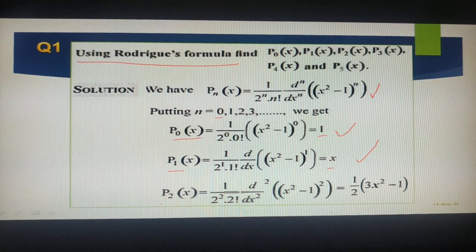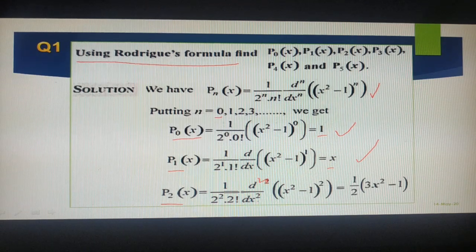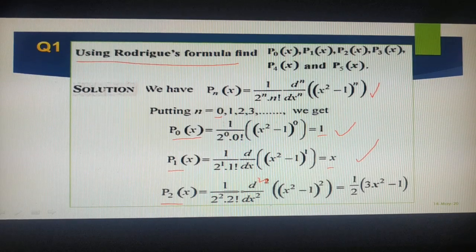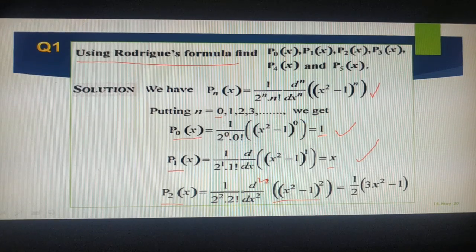So now I'm going to find P2 of x, n equal to 2. So 1 by 2 square into 2 factorial, d square by dx square, bracket of x square minus 1 whole square. This means we have to do the differentiation 2 times. So first we expand this.